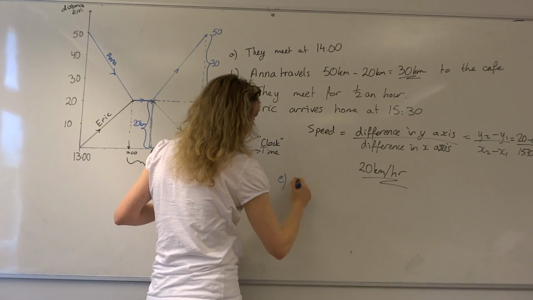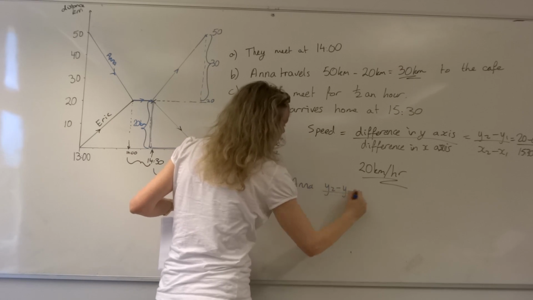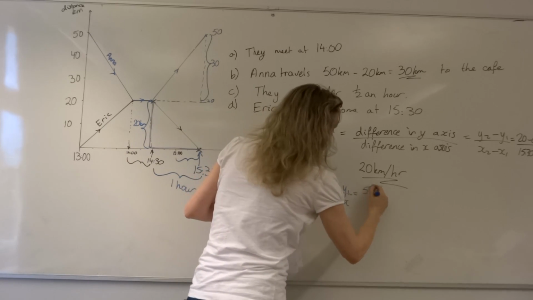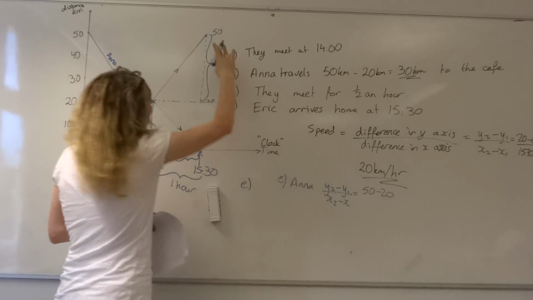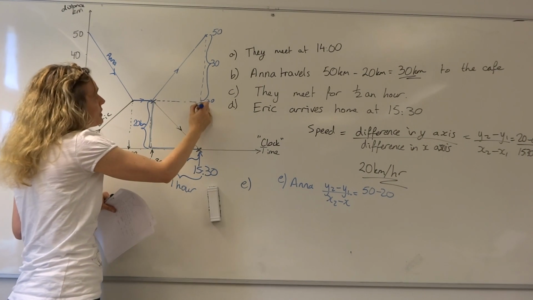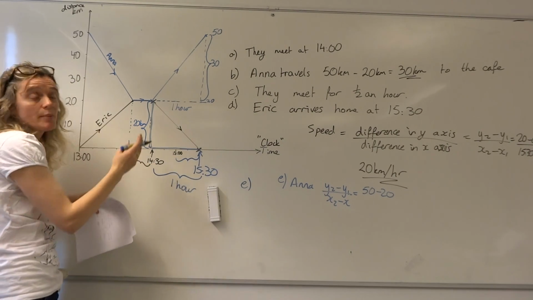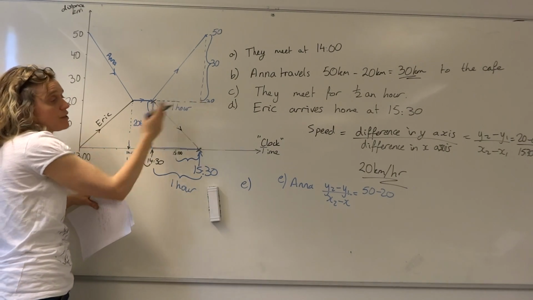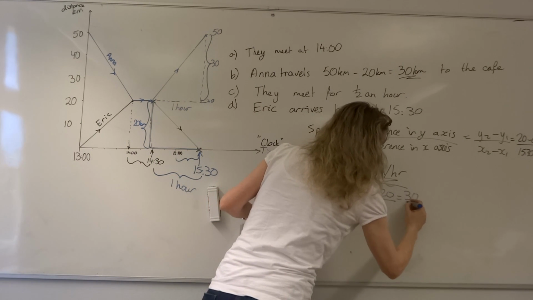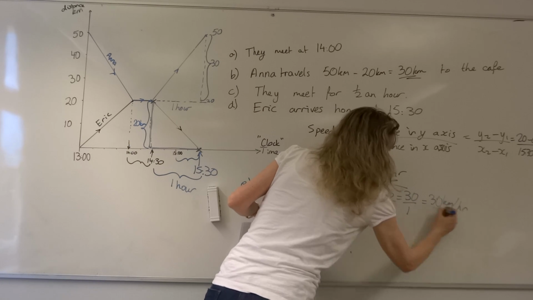So for Anna, we get y2 minus y1 divided by x2 minus x1. Here we have 50 minus 20, the difference in the y-axis, divided by the difference in the x-axis. It's the same time difference, 14:30 to 15:30, the time difference is 1 hour, divided by 1. So we get 30 divided by 1, which is 30 kilometers per hour.